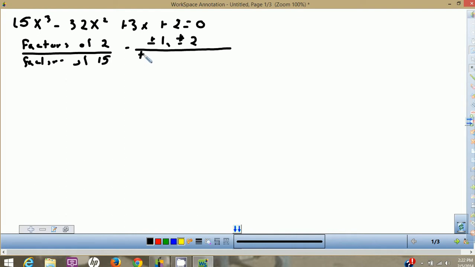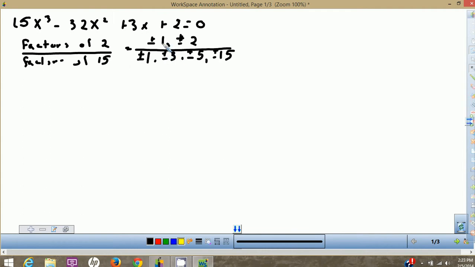So my list here is plus or minus 1, plus or minus 3, plus or minus 5, and plus or minus 15. So I now have to come up with every possible combination of a factor in the numerator and a factor in the denominator.